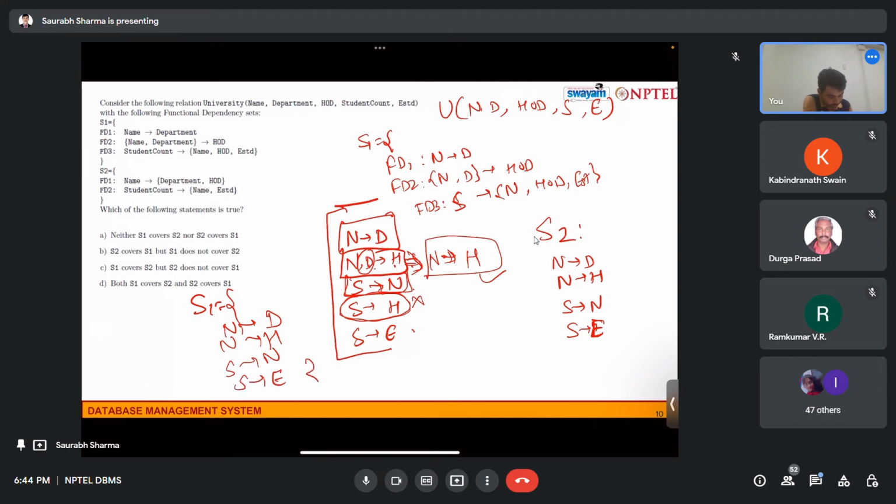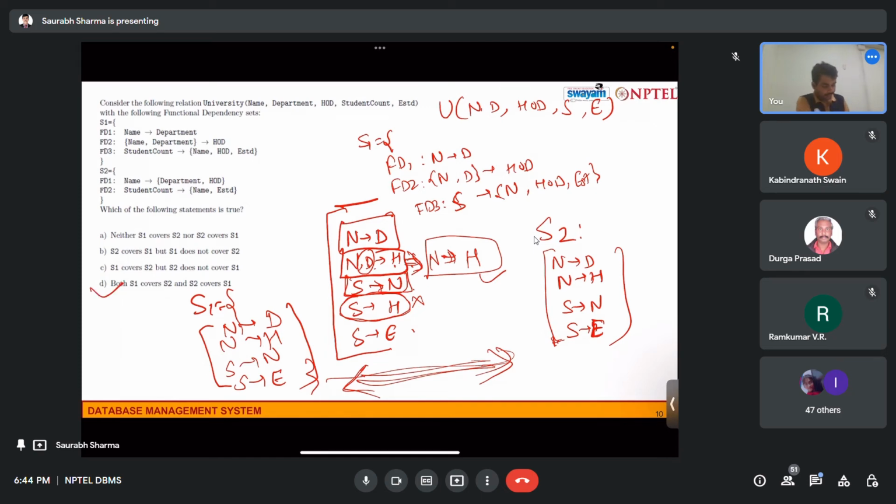If you see, this is the same as S2. If we compare S2 and these two, I don't think there is any functional dependency that needs to be compressed, because these are now the same, they are equivalent, and we can infer from here that both can cover each other.